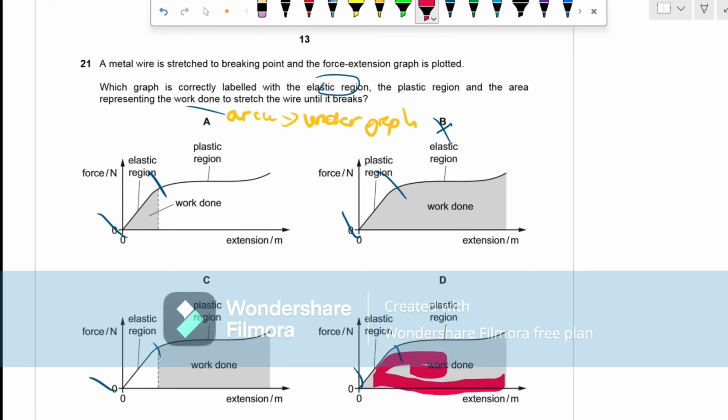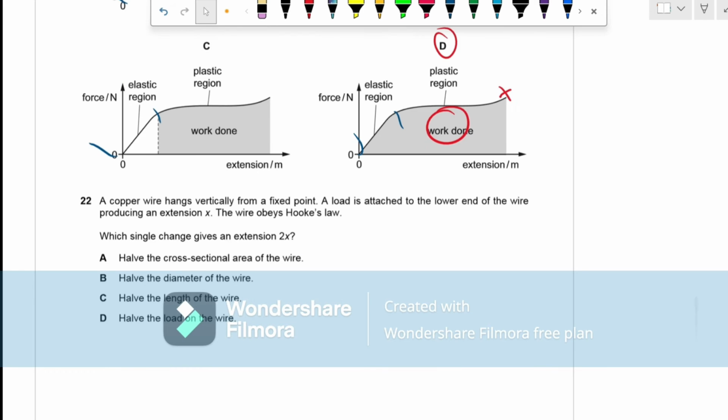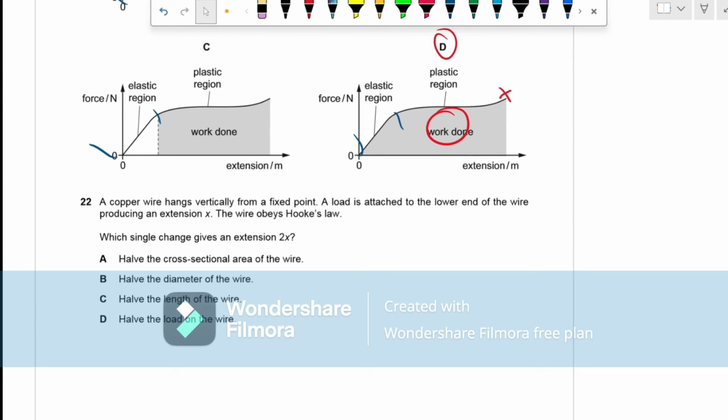Since it's going to break at this point, point X here, we need to reach that point. So this is the whole work that we're going to need. So the answer is going to be D. Very important. Question 22.